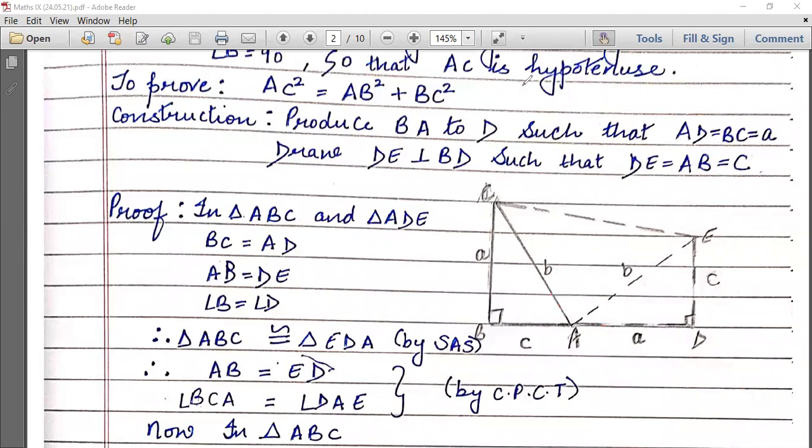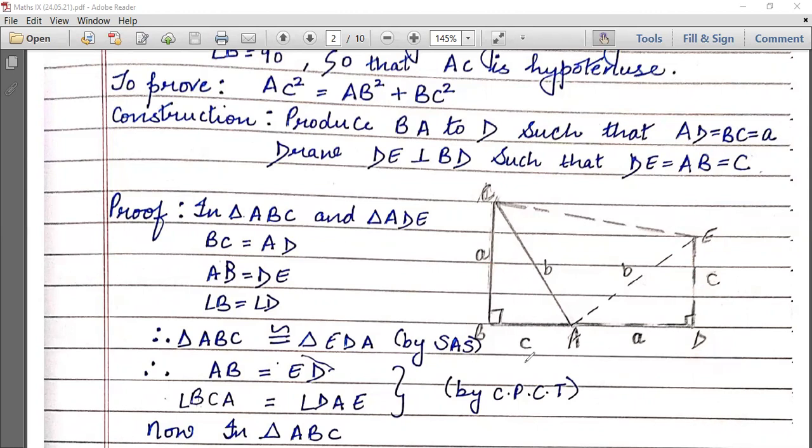Now you have to find the area of trapezium. Now children, this becomes a trapezium because here BC is parallel to ED. This is parallel to ED. Okay, and this is because angle B plus angle D is equal to 180 degree. That's why BC is parallel to ED. So children, this is your trapezium. The whole figure is a trapezium.